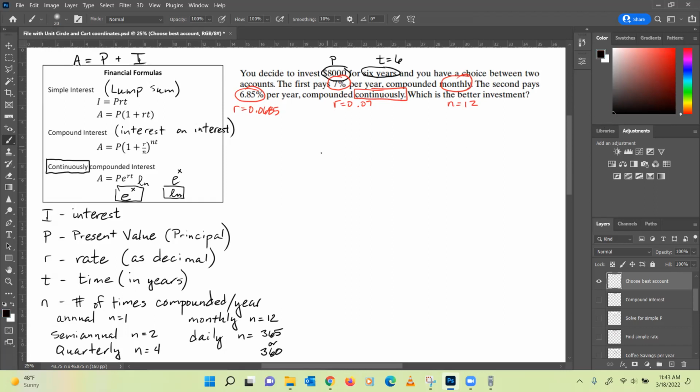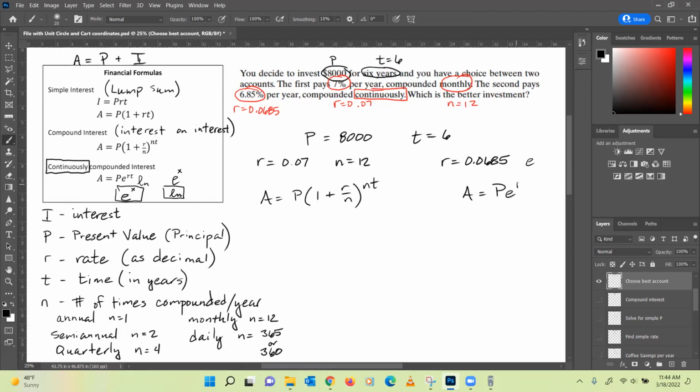So I'm going to compare both. Let's do a better table here. P is 8,000, T is 6. And we have two options, either R equals 0.07 and N equals 12, or we have R equals 0.0685. We're going to use the E now. So let's take a look at those. We've got A equals P times 1 plus R over N raised to the NT power, or we have A equals P times E raised to the RT power.